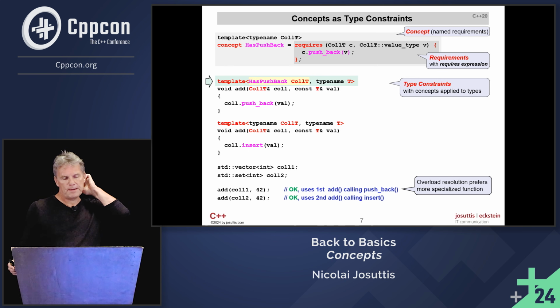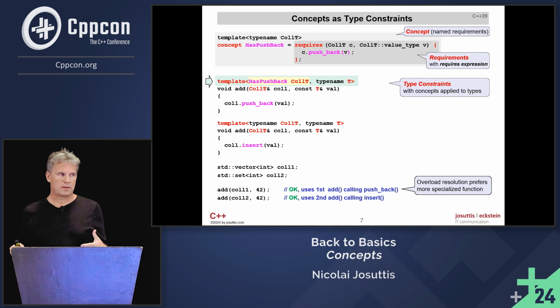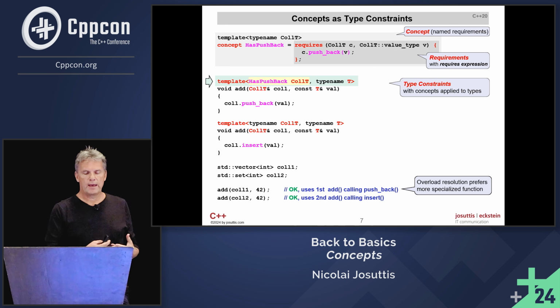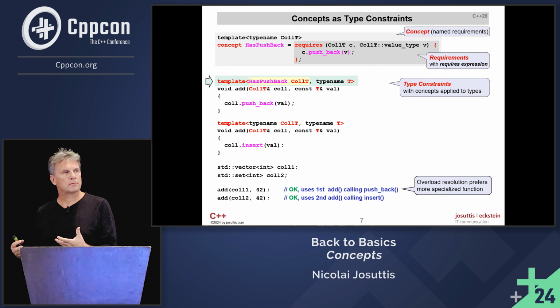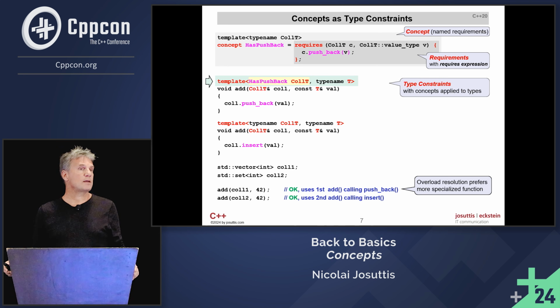Instead of writing typename, you can write has_pushback here. So for a class T that has pushback, just some type T, this add is supported. It means the same thing, it's just a different syntax for what you just saw. Good.